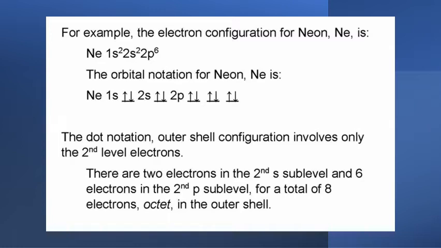The dot notation, the outer shell configuration, involves only the second level electrons. There are 2 electrons in the second s sublevel and 6 electrons in the second p sublevel, for a total of 8 electrons, 8 dots, which is what they call an octet in the outer shell.